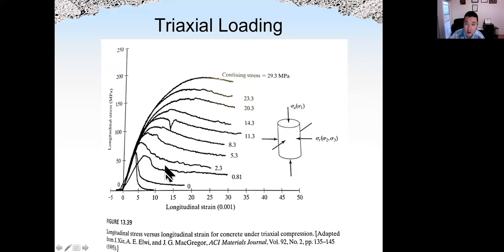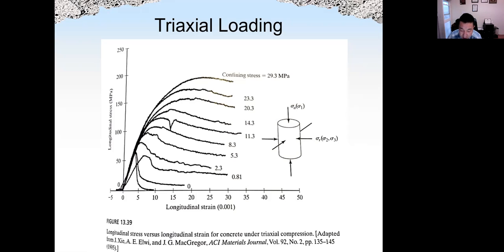so here shows different situations. The confining strength will increase from 0 to 2 until 29 megapascal. Okay, and here shows the longitudinal stress, which is the stress in the vertical direction. Okay.